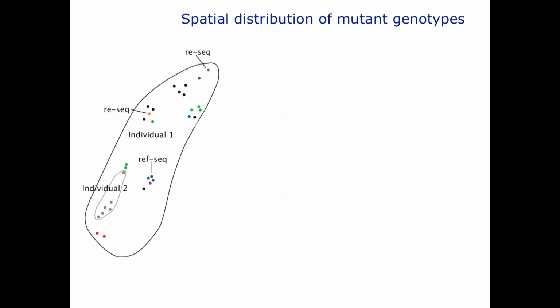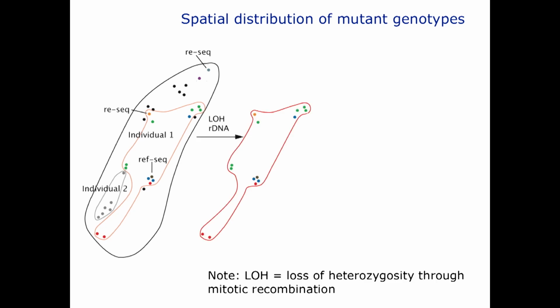Because this individual's growing asexually, these changes should occur in a phylogenetically consistent pattern, and they do. So first of all, there's one subsector that has lost heterozygosity. LOH means loss of heterozygosity in the rDNA cluster. And this has to be a loss event.